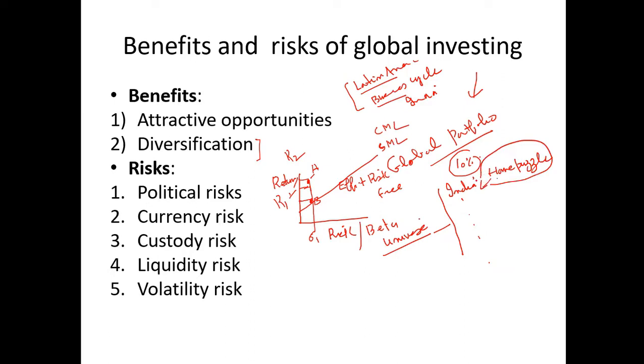Various reasons have been offered. One simple reason is that people know domestic companies better. Other reasons are that when you are investing across the globe, various kinds of risks are involved. Number one is political risk. Political stability or risks may affect the investment.